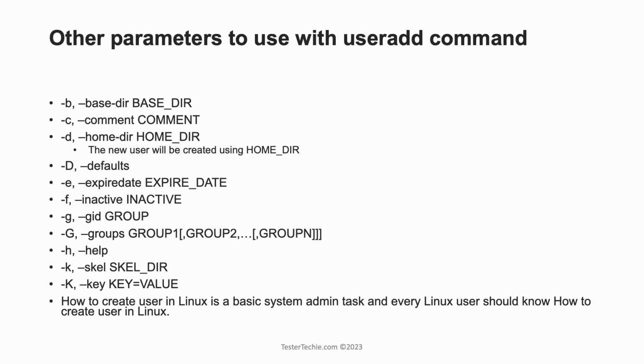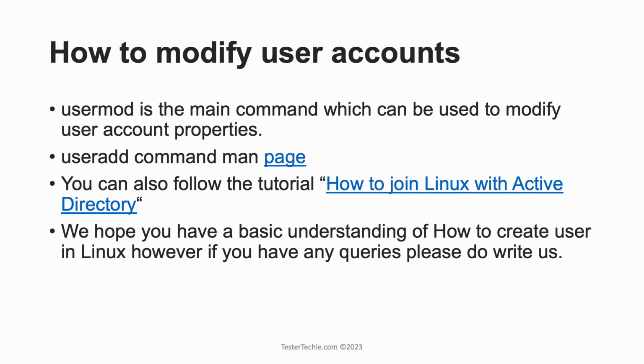What I'll suggest is you navigate through the man page of useradd. If you see the manual page, you will see a lot of other options, but some of the options I have listed here, like capital -D, -e for the expiry date, group ID, groups. Then you can also use --help.